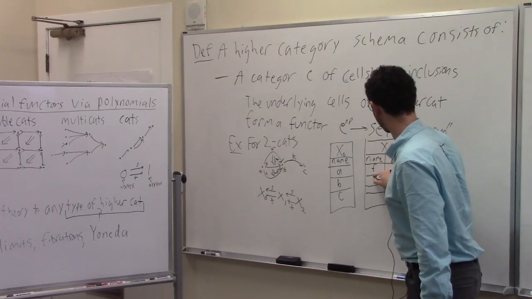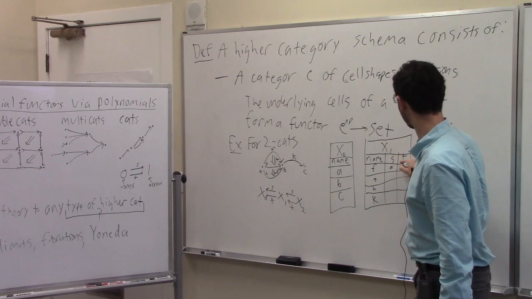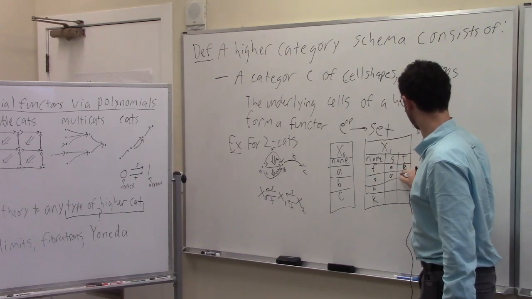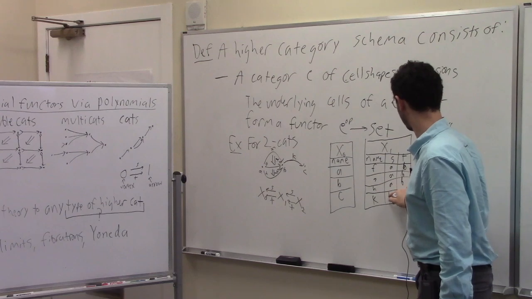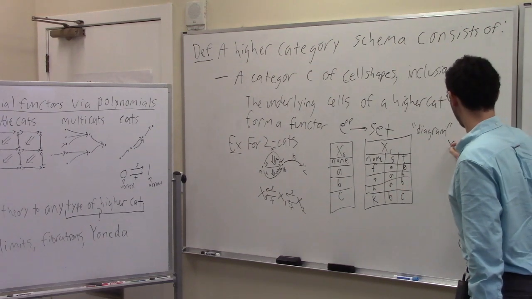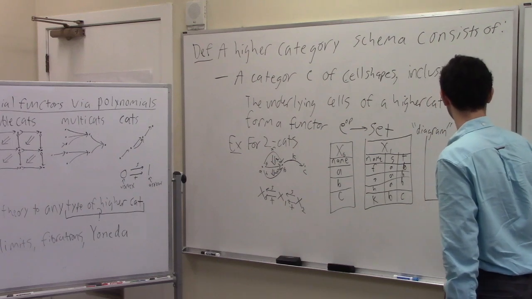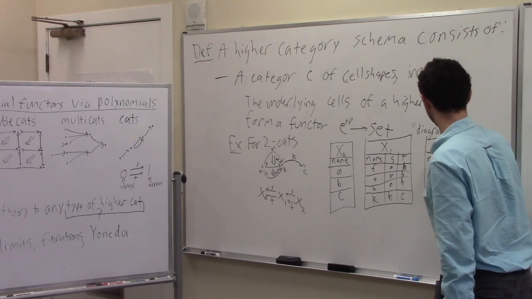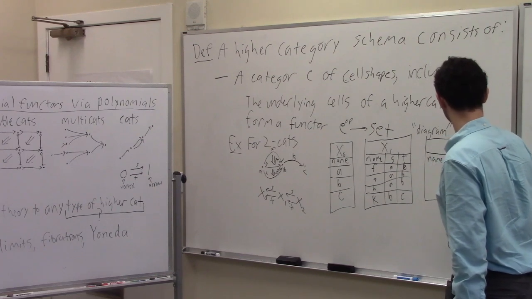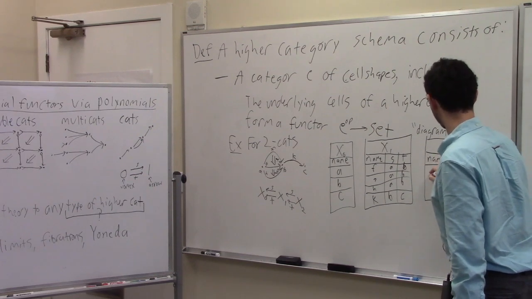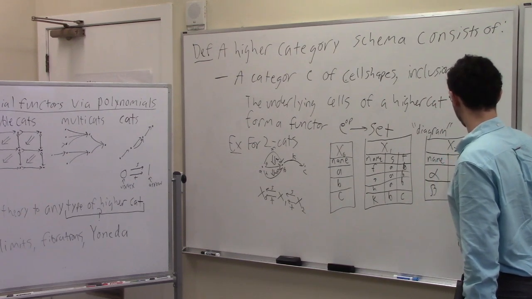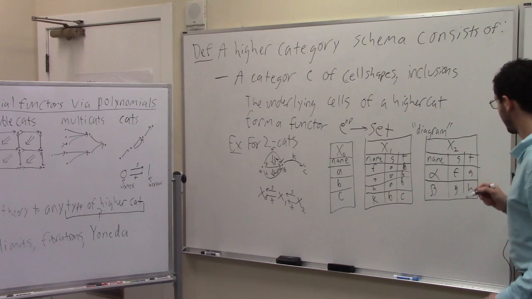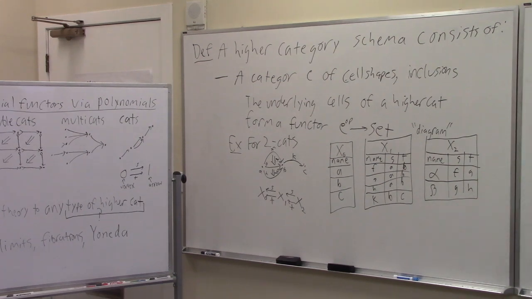And so we have F, G, H, K, and we can write in the objects that they go between. And then we can do something similar for X2, where we need their name, we need their source and their target. And so we can represent this underlying cell information as a database, which perhaps could be useful for some computational work on higher categories. That would be neat.